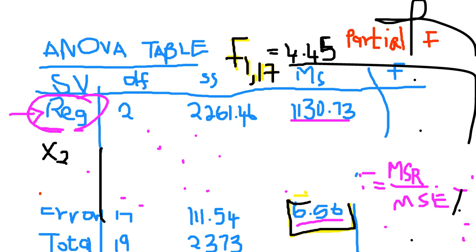It means we have the information of X2. The one that we're testing is X1, given that X2 is already in the model. So what is SSR of X2? We did this yesterday. SSR of X2.